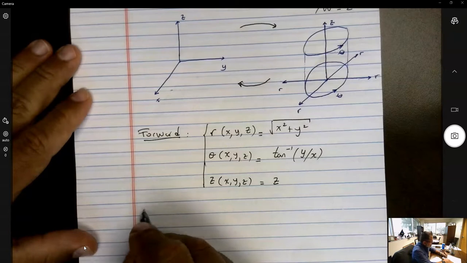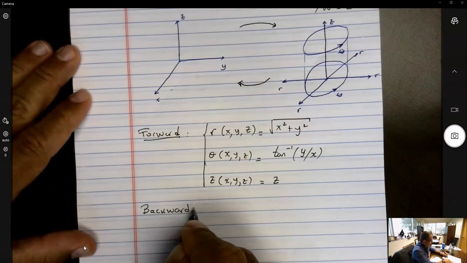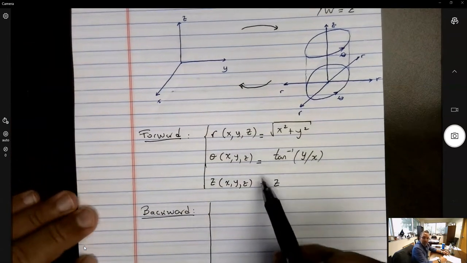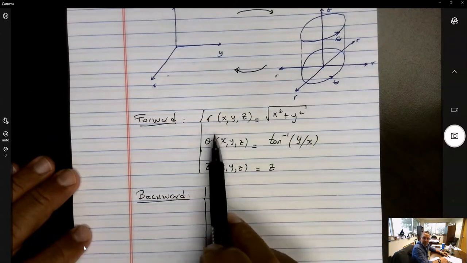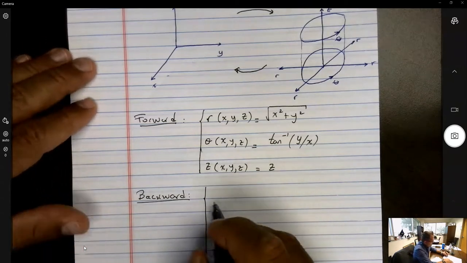And the backward transformation, you can either try to establish a system of three equations and three unknowns to get x in terms of r, theta, and z, y in terms of r, theta, and z, and z in terms of r, theta, and z.